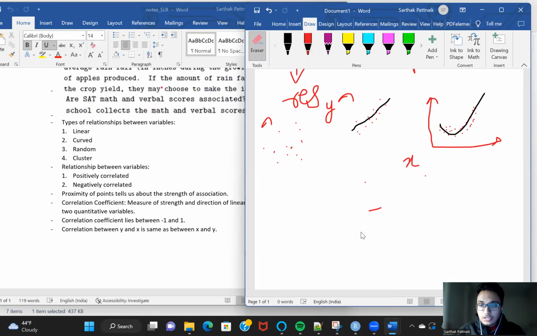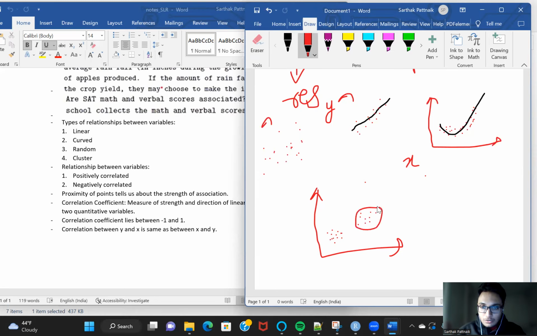Clusters are actually a very unique scenario because clusters are basically when you have points scattered in such a way that some points are similar to one another and are different from the others in space.